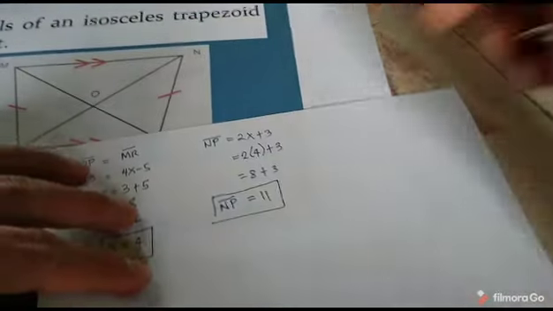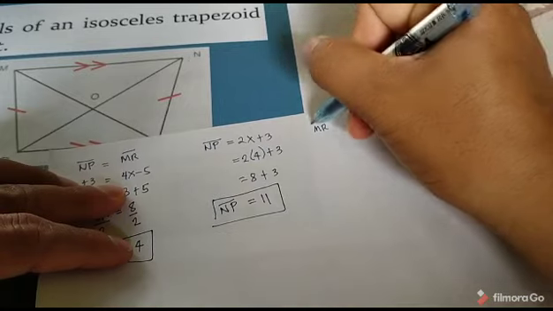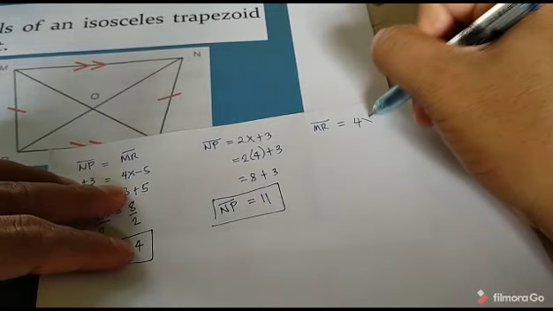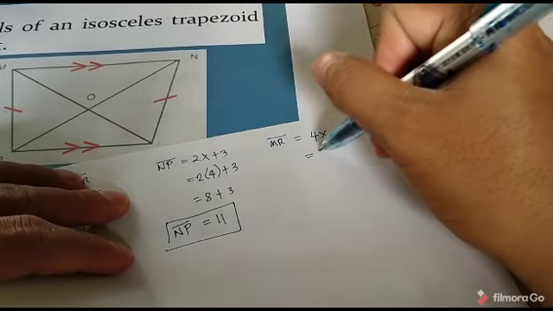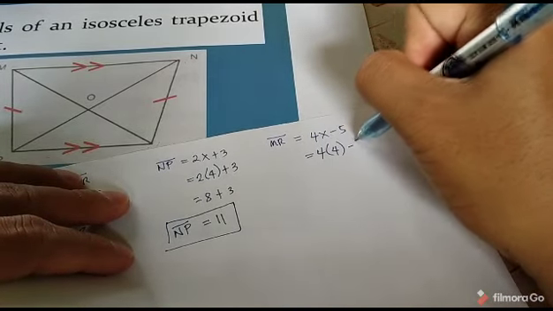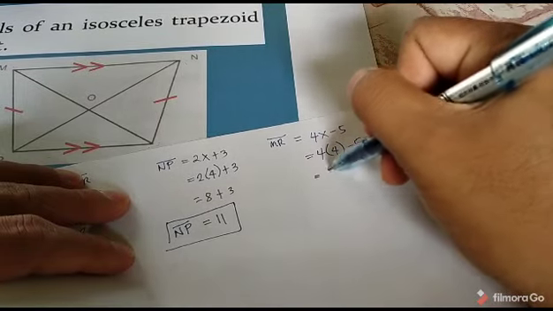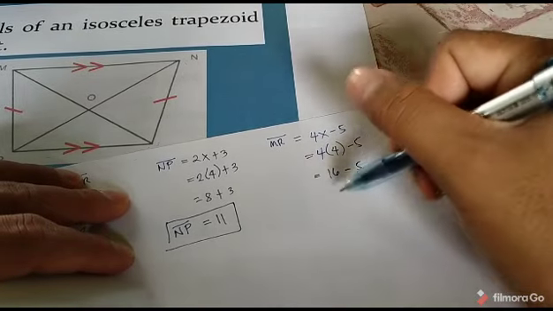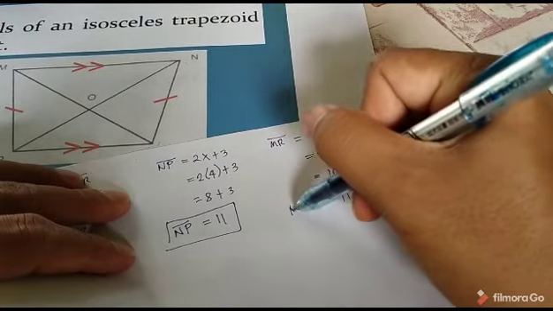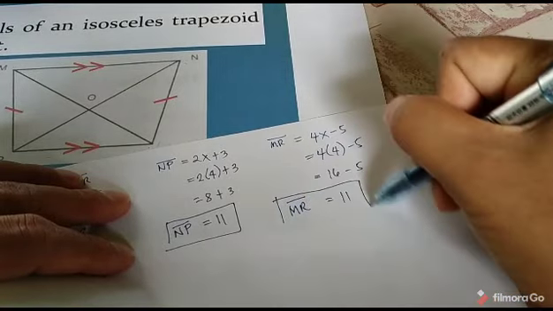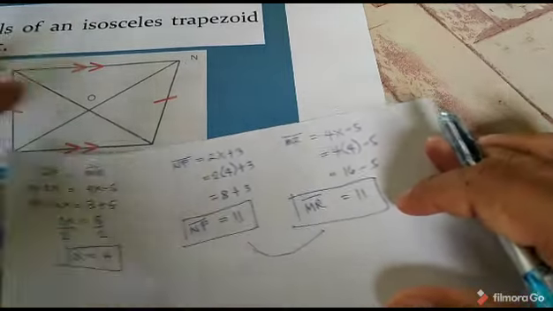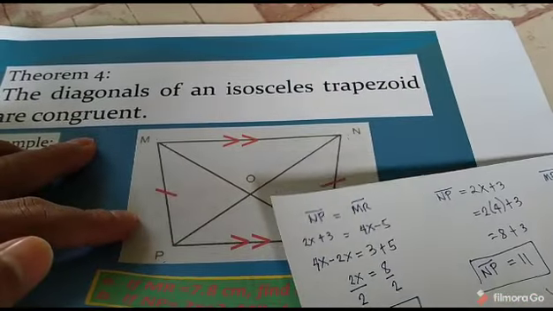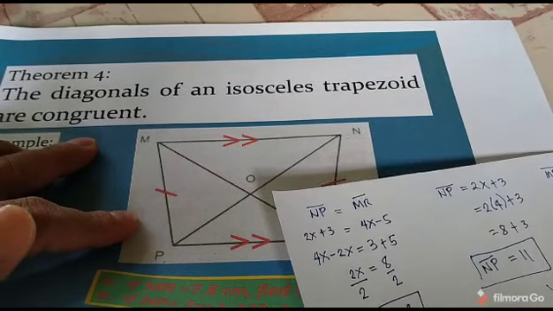Now how about segment MR? We have 4x minus 5. Substitute the value of x, which is 4. So 4 times 4 minus 5. What is 4 times 4? It is 16. Minus 5 will have 11. That is segment MR. So take a look at their values. Are they congruent? Yes. Because the diagonals of an isosceles trapezoid are congruent.